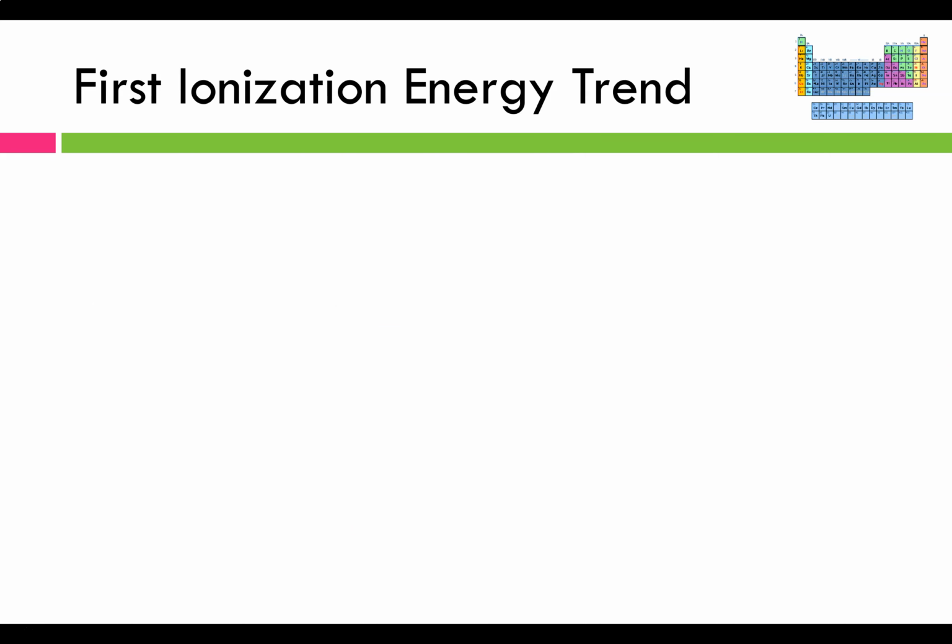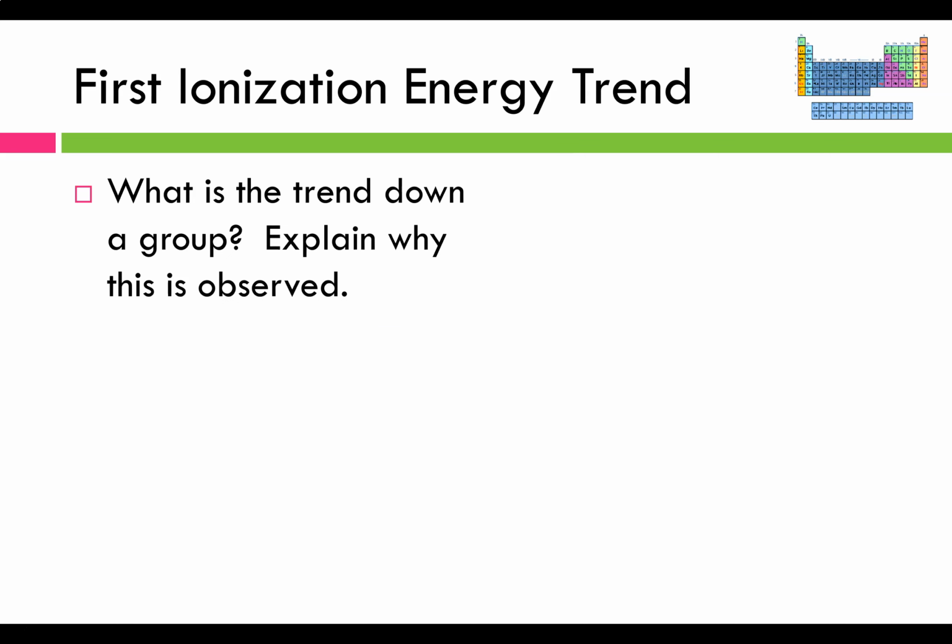So our first ionization energy trend. What I'd like you to do in your notes, there is a cutaway of the periodic table. I want you to fill it out with the element symbol and its first ionization energy. And you can use Table S in the periodic table to look them up.